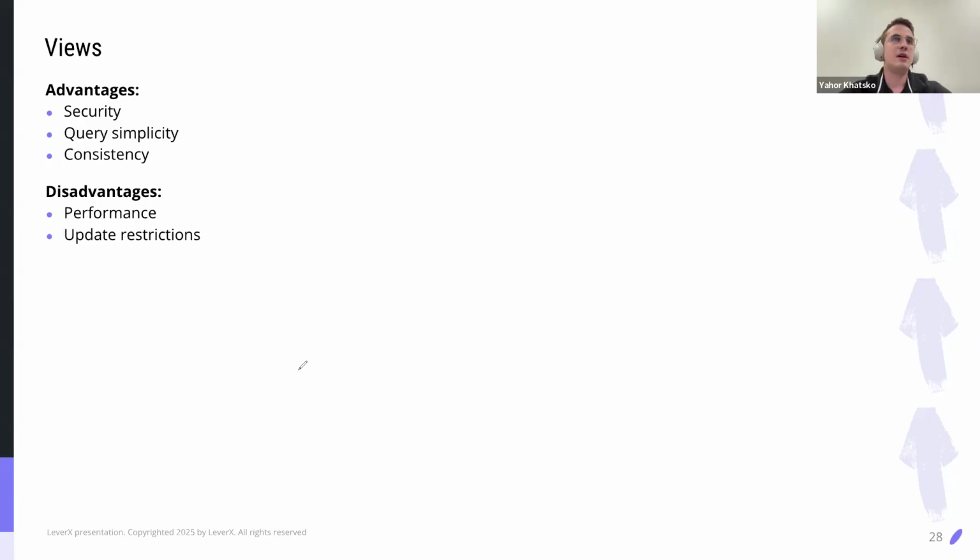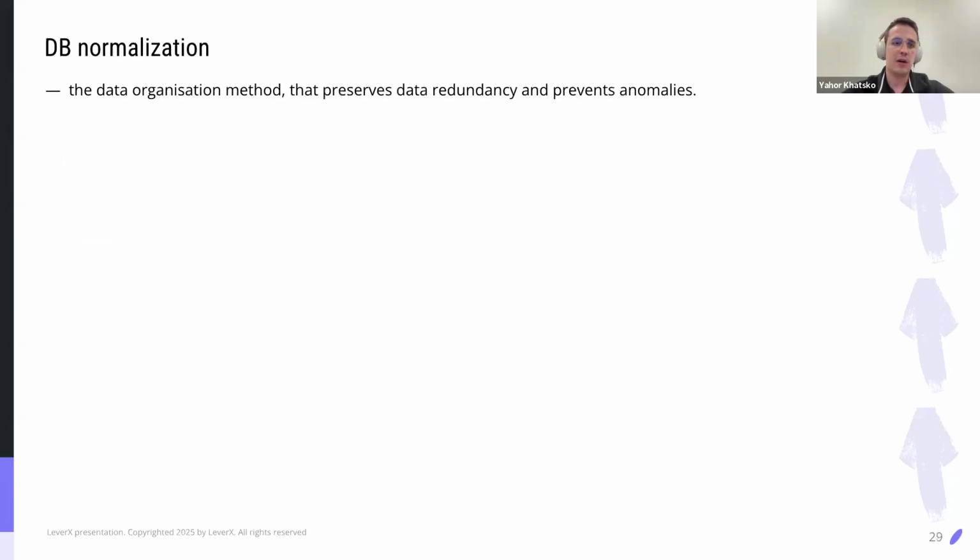Okay, and we will also talk about database normalization. Database normalization is an organization method that prevents data redundancy and prevents anomalies.